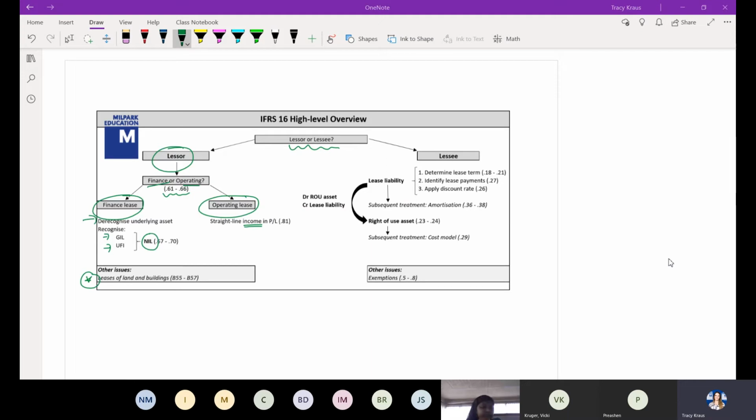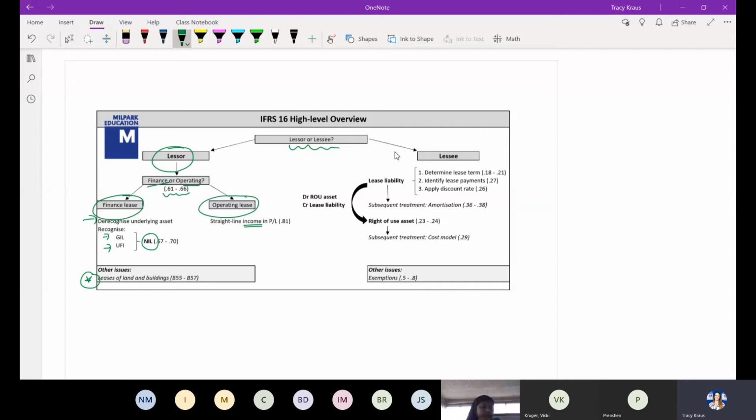When we talk about straight lining, what we're talking about is taking what you receive over the entire lease term and finding the average. So if the payments are not the same in each year, you'll have to take those contractual payments, find the average of them, and recognize that over the lease term. So each year, you'll recognize the same amount of income, although the cash flow may be different.